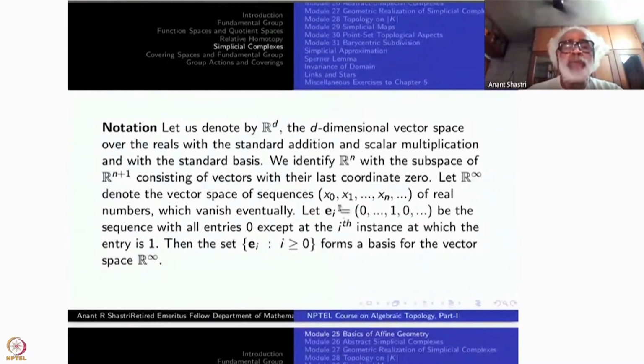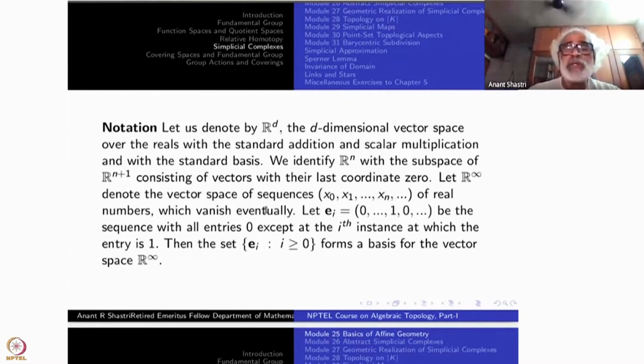Every element of R^d, we will denote by x_0, x_1, etc., up to x_{d-1}. In fact, we will keep including R inside R^2, inside R^3, inside R^4 and so on, by adding one extra 0. So real numbers are included inside R^2 by x comma 0, inside R^3 by x comma 0, 0, and so on.